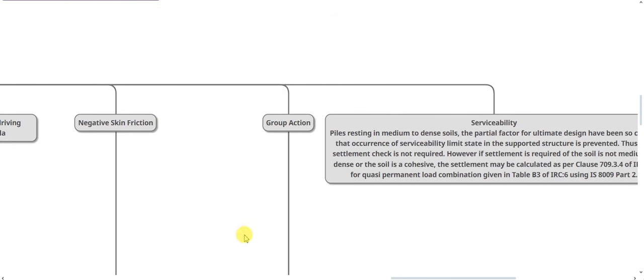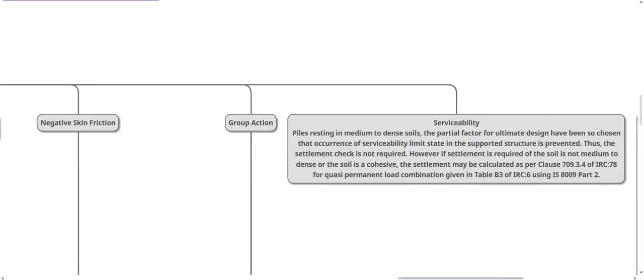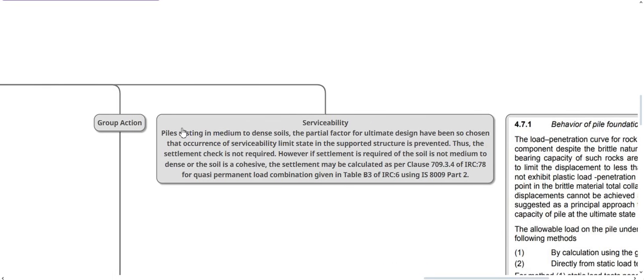Moving on to the next, that is the serviceability part. As we may see, the pile is resting in medium to dense soil, and the partial factors for ultimate design have been so chosen that the occurrence of serviceability limit state in the supported structure is prevented. So it is saying that since we are choosing the factors such that the ultimate limit state is our governing criterion, serviceability is automatically taken care of by those factors, thus the settlement check is not required.